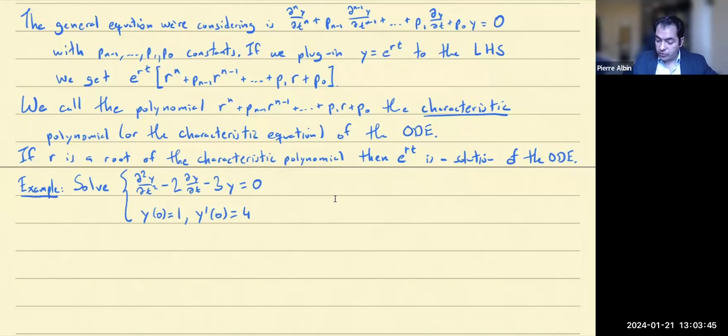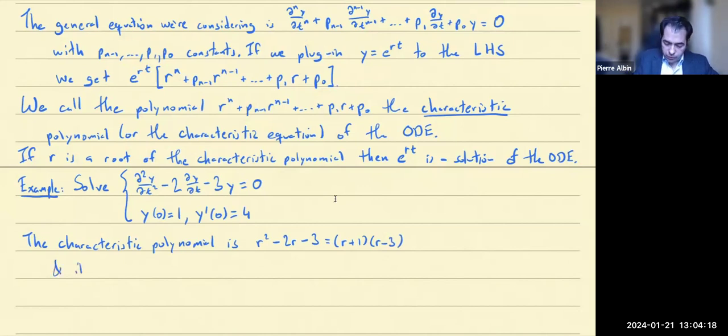Then, okay, what we just saw is that we should look for the characteristic polynomial and then try to solve it. So the characteristic polynomial here is r squared minus 2r minus 3, right? Which factors easily into r plus 1 times r minus 3, right?